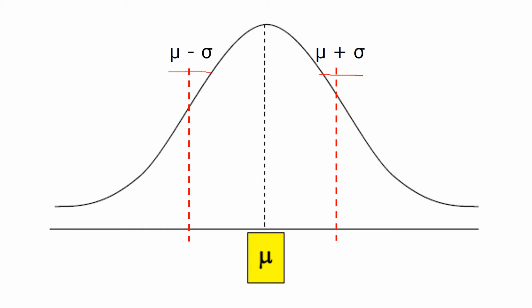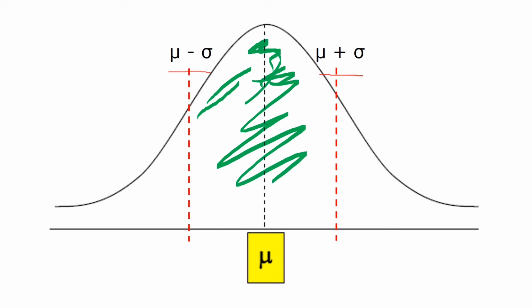As we'll see a little later on, the area between one standard deviation below and one standard deviation above is approximately 0.68, or 68% of the area lies within one standard deviation of the mean.